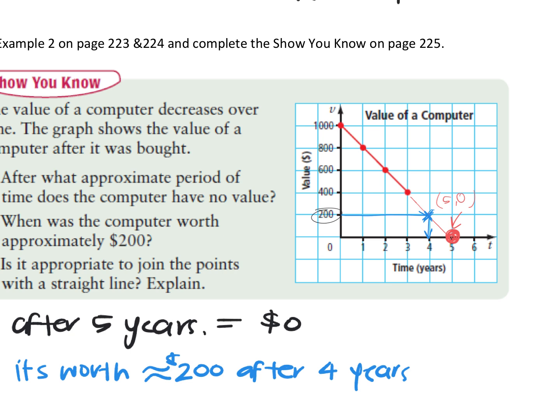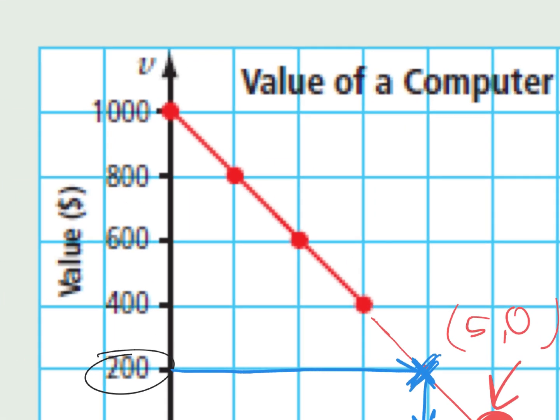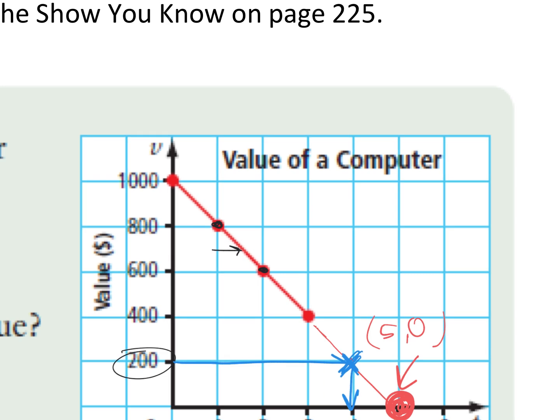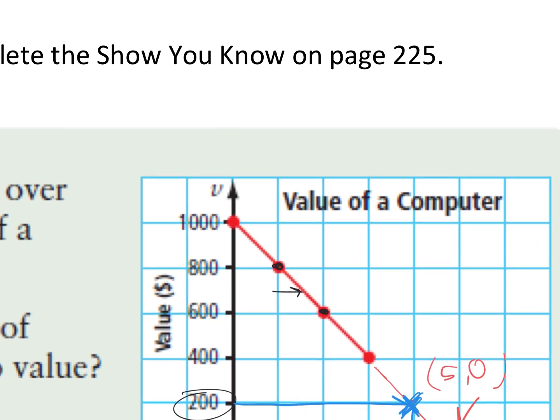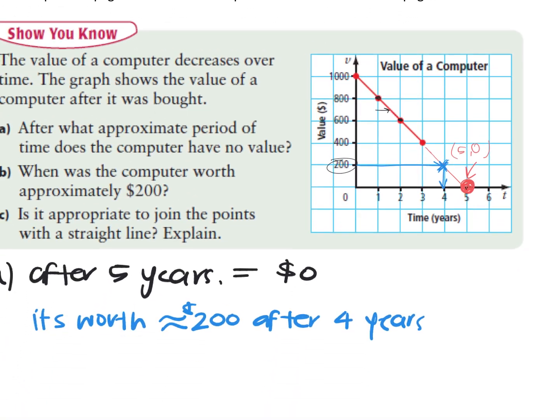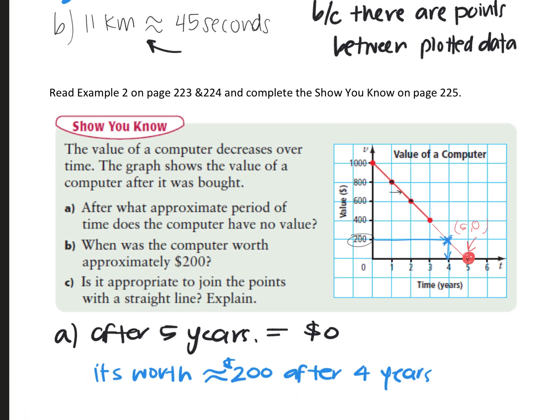And then for C, is it appropriate to join the points with a straight line? Yes. Again, the straight line is basically saying, is there anything of note? Is there anything that we might need to access between the two given data points? And in this case, yeah, I might want to know what's happening here, right? I would want to see those patterns continue, or to have an estimate, a rough value of the computer's worth for values in between the whole years.